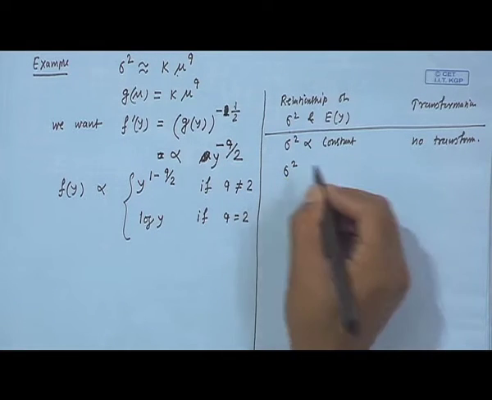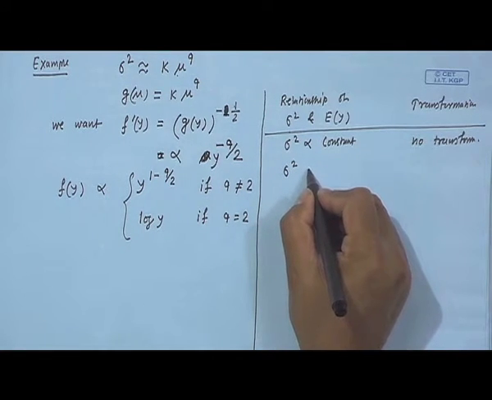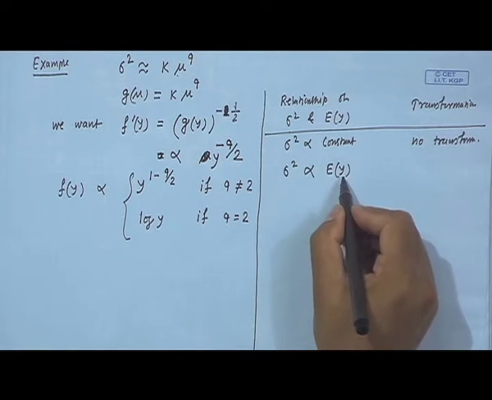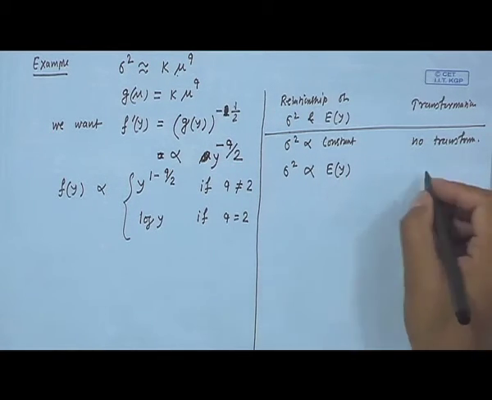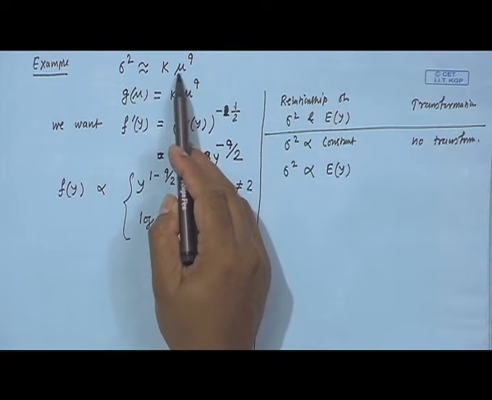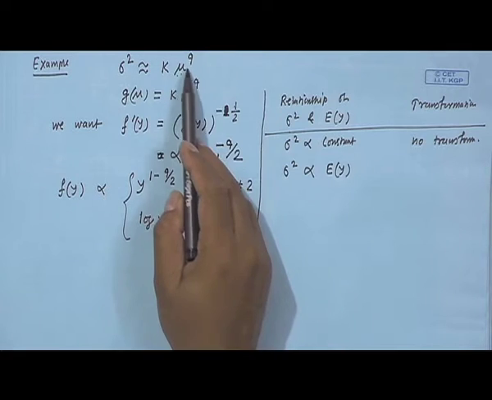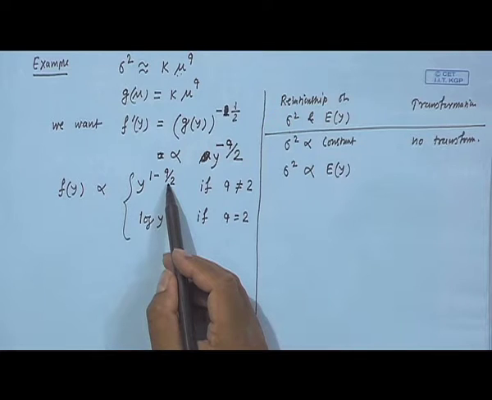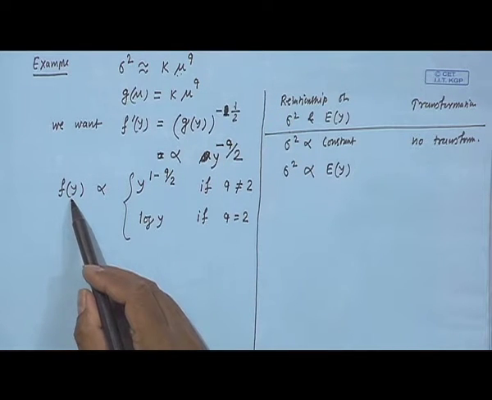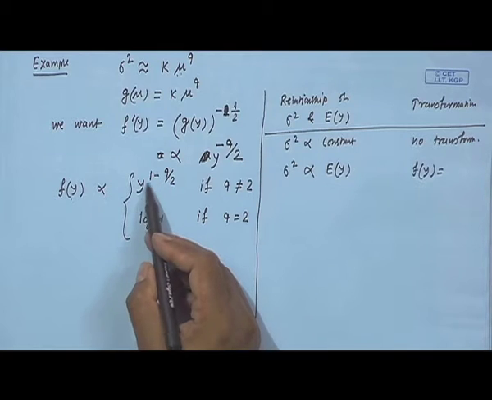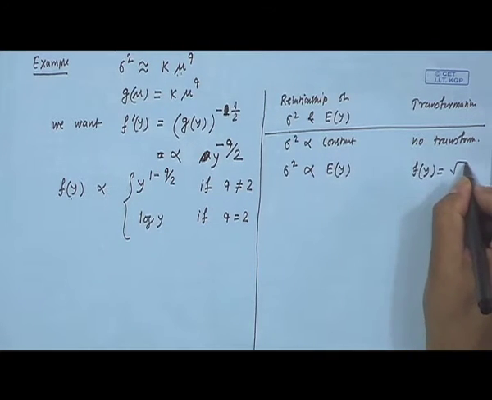Suppose sigma square is proportional to the expectation of y, that is the case where y follows the Poisson distribution. Here you can check that the variance is proportional to mu, that means q is equal to 1. So, you put q equal to 1 here, and then the transformation you have to take is f(y) equal to y to the power of half, that is root y, the square root of y.